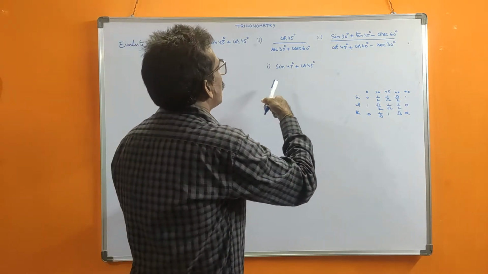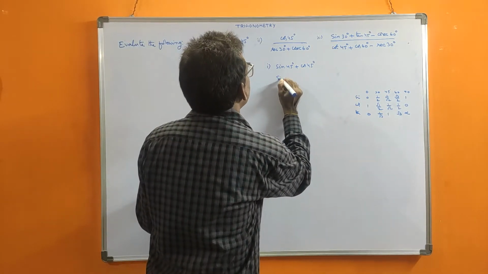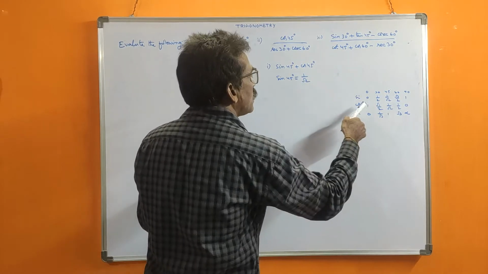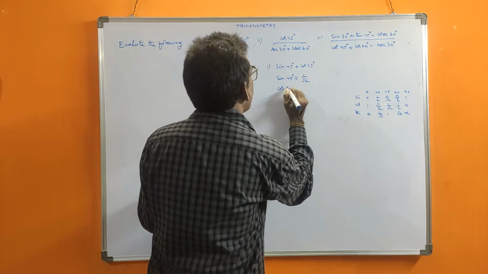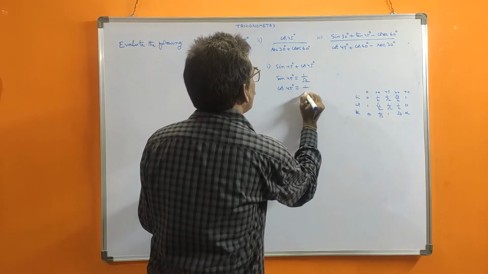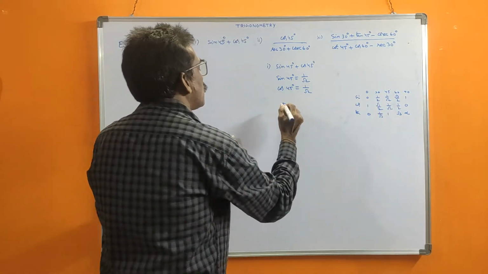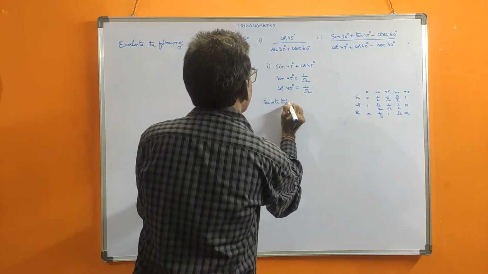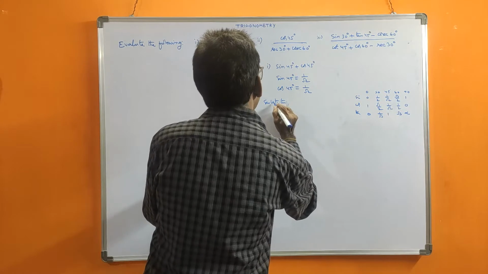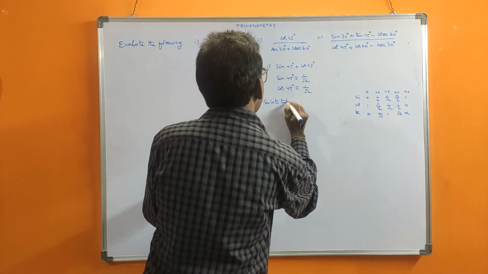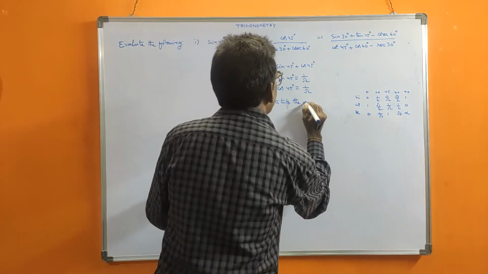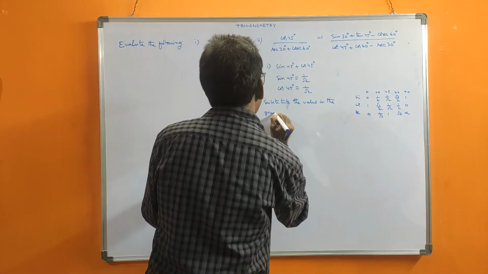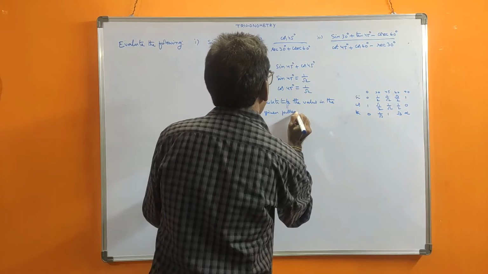So first, write the sin 45 value. Sin 45 is 1 by root 2. Cos 45 also 1 by root 2. You check from the table for confirmation. So now substitute the values in the given problem.